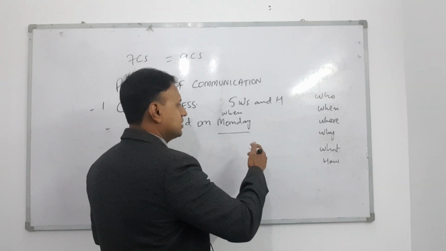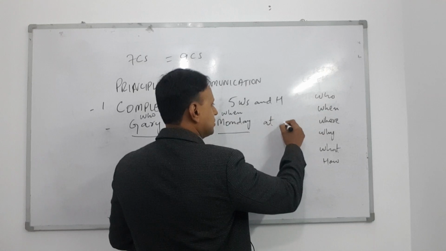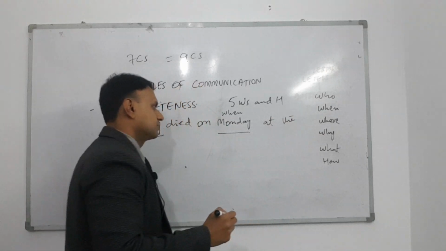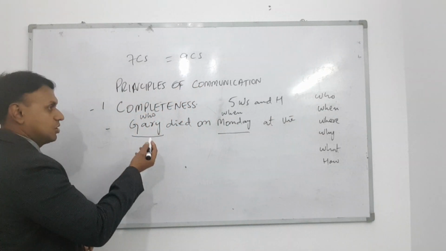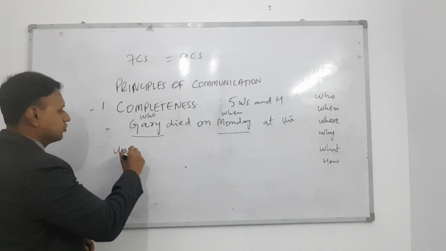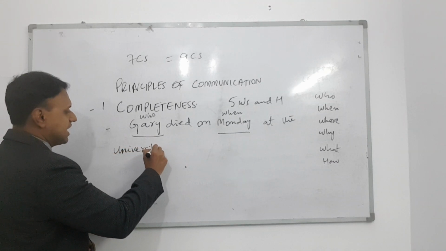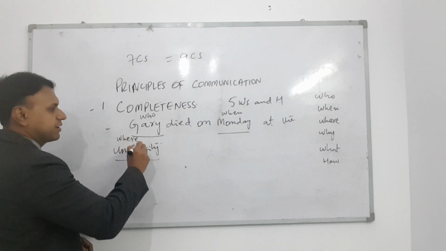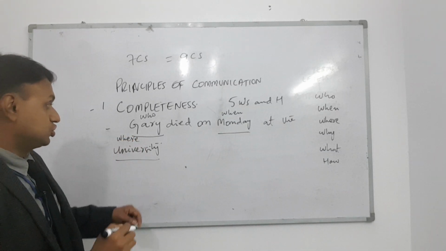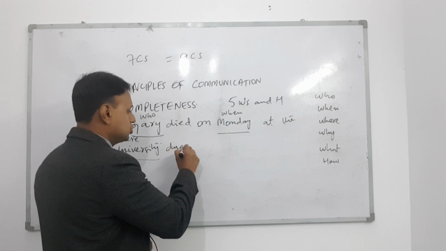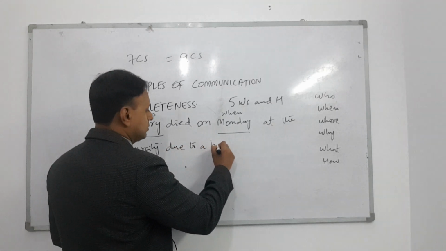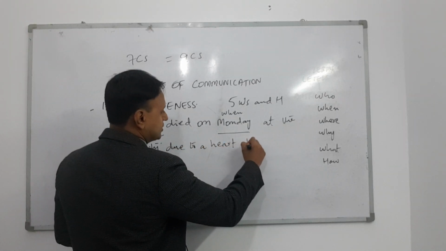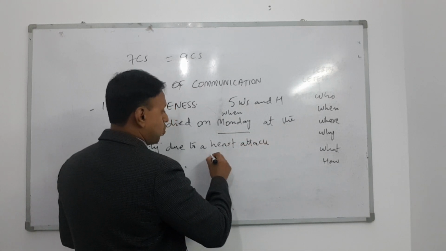Gary died on Monday at the clinic or at the university. Let's put down university. So Gary died on Monday at the university. University is where. Due to a heart attack. Now we understand why did he die?